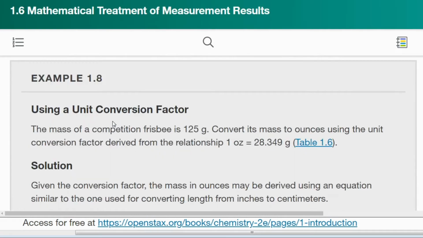So let's look at example 1.8, using a unit conversion factor. The mass of a competition frisbee is 125 grams. Convert its mass to ounces using the unit conversion factor derived from the relationship that 1 ounce equals 28.349 grams.